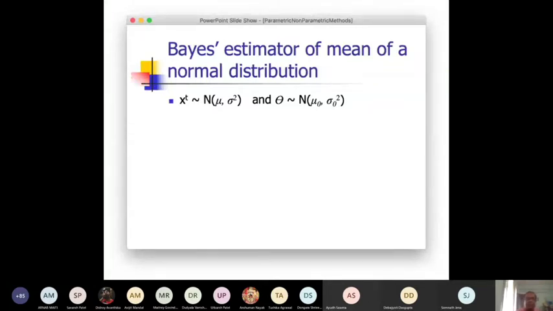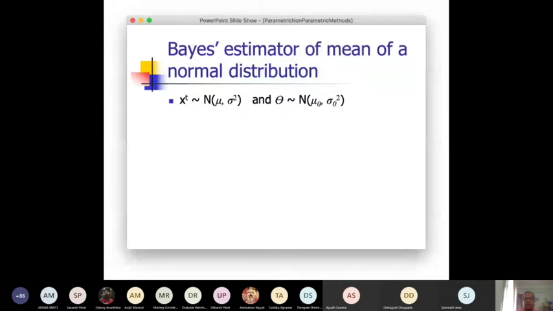So you have seen that we consider a random variable x, which follows a Gaussian distribution of mean mu and its variance sigma square. And there is a theta.